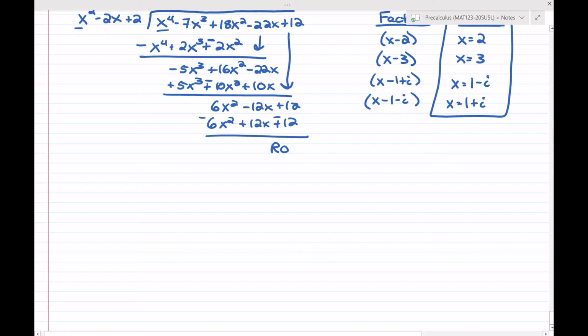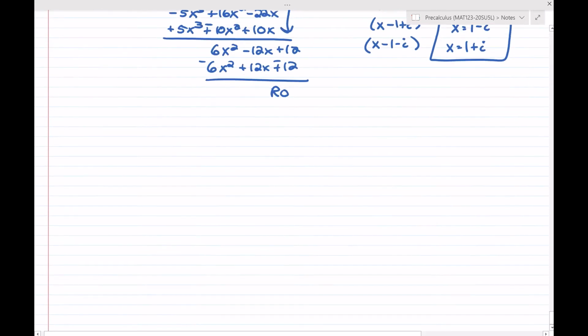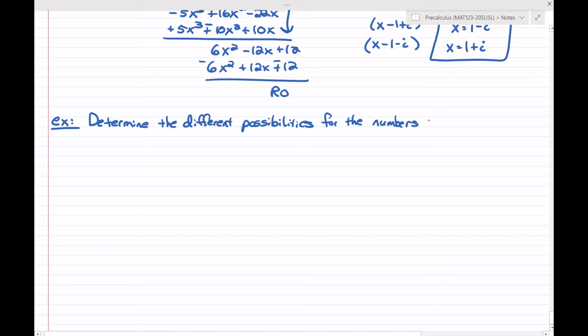And our last type of example for this section, we're just going to be practicing some more of Descartes' rule. We're going to determine the different possibilities for the numbers of positive, negative, and complex roots.